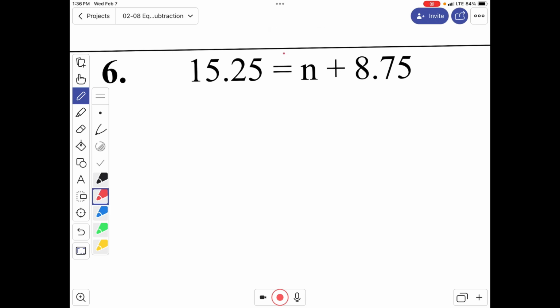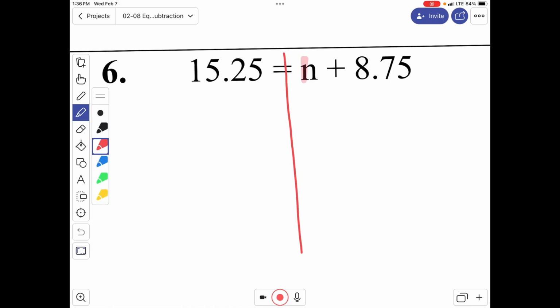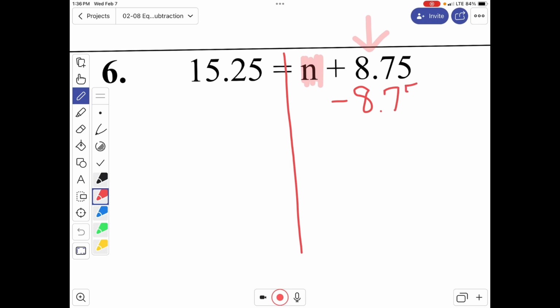Number 6, draw the wall, find the variable. So we want to get rid of what's next to the variable. That is 8.75. The opposite of 8.75 would be negative 8.75. And again, remember to line up the decimals.